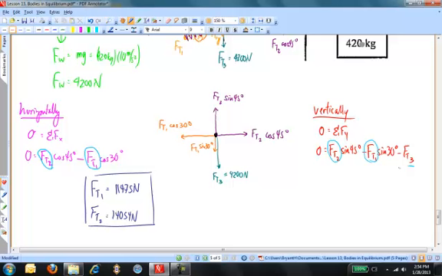If you're not sure how to do that, go back and look at the previous lesson in which we went through the keystrokes. That was lesson 8 that had to do with solving a system of two equations and two unknowns using TI solve. Recapping, in this lesson we have applied Newton's second law to equilibrium problems.